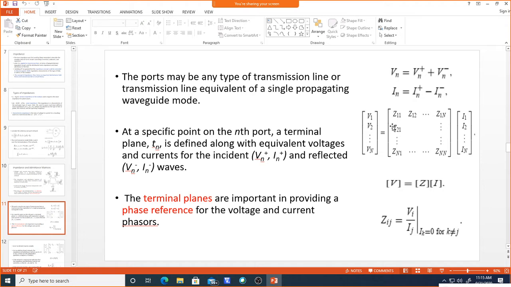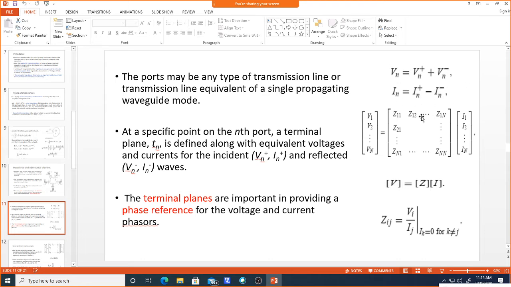matrix types. From the transmission line equation we know that V equals V plus e to the power minus j beta z plus V minus e to the power plus j beta z. If you take it at a particular point of length, that is at z equal to 0, then you get this equation.